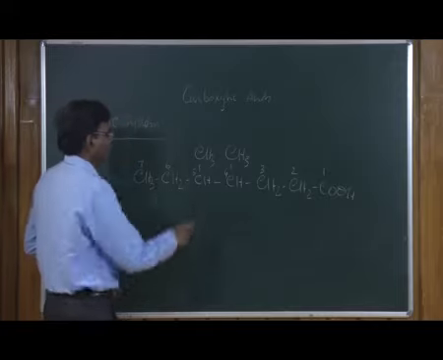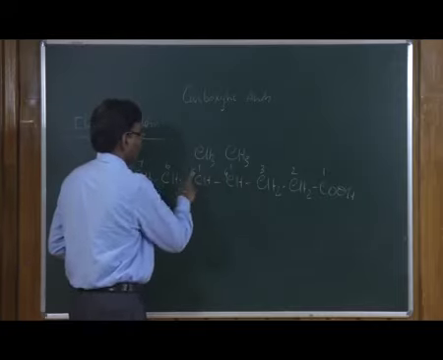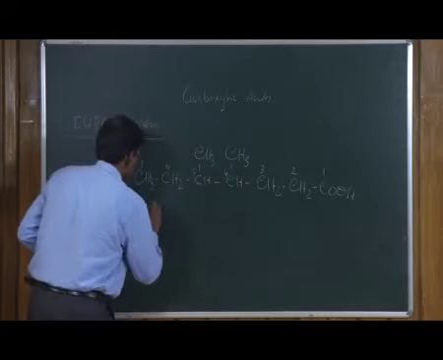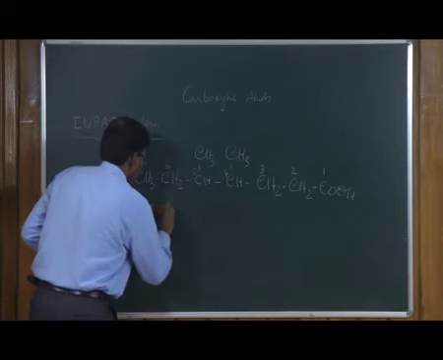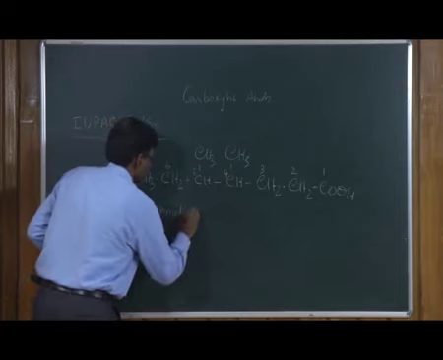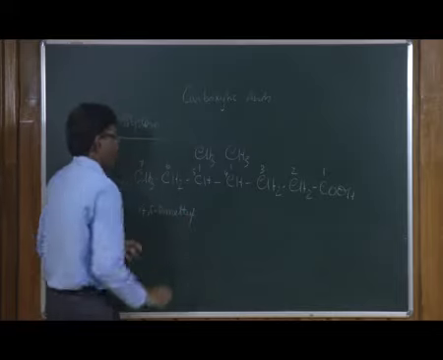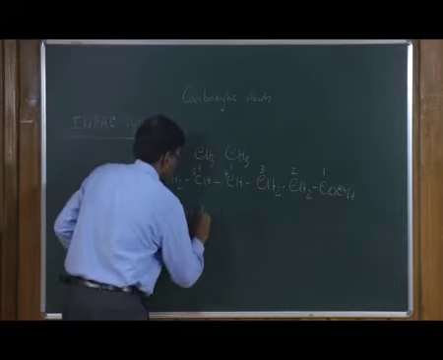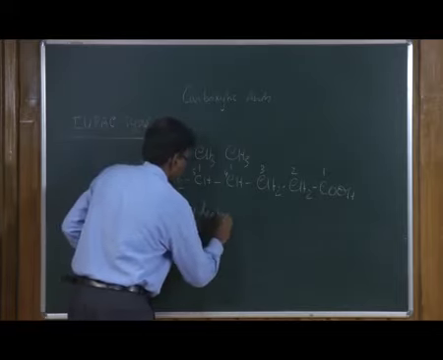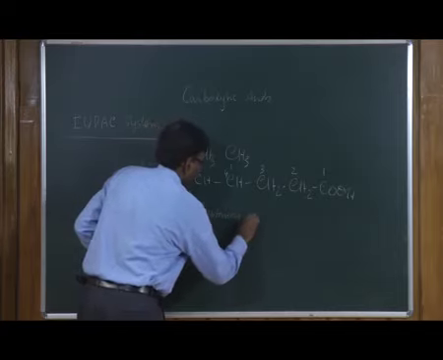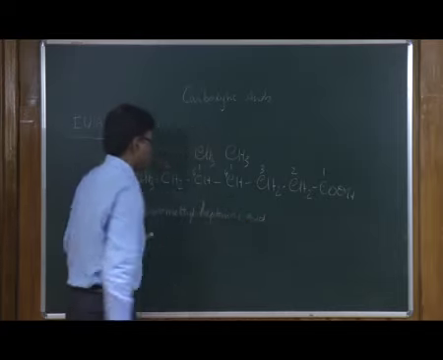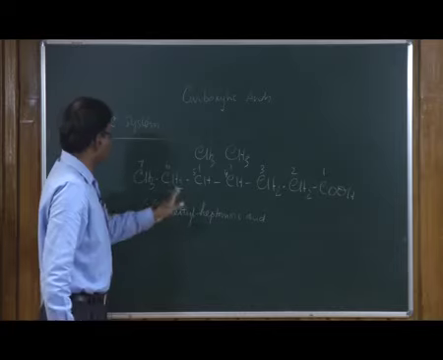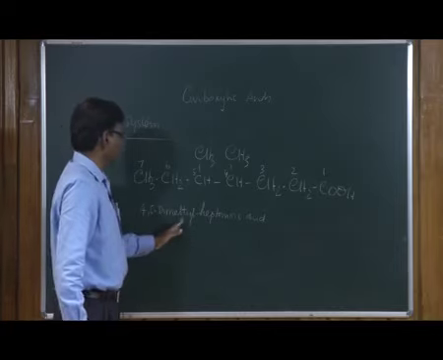In this case, we have substitution at the 4 and 5 carbon atoms. Therefore, 4,5-dimethylheptanoic acid. The IUPAC name of this carboxylic acid is 4,5-dimethylheptanoic acid.